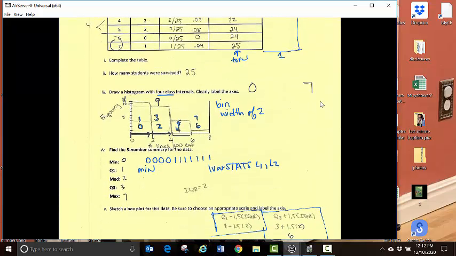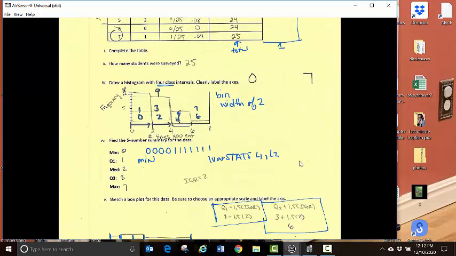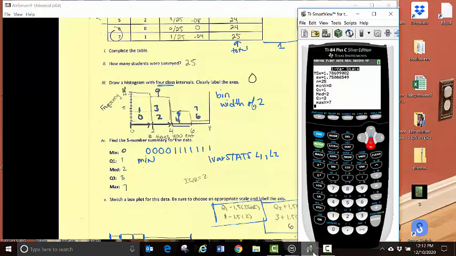All right, so next, I just showed you how to do one variable stats. And there's my min, my Q1, my median, my Q3, and my max. And I could have found that by listing all the numbers in the row and finding the number in the middle, and then the number in the middle of the bottom half, and the number in the middle of the top half.